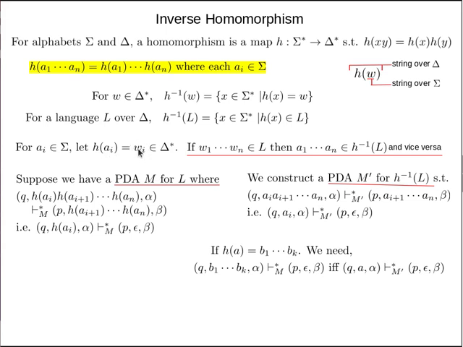So this is a string over delta, right? Because of this, it may contain multiple symbols over delta. So if I have this, then it means that this string, w1 concatenated up to wn, will be in L if and only if this a1 up to an is in h inverse of L, right?